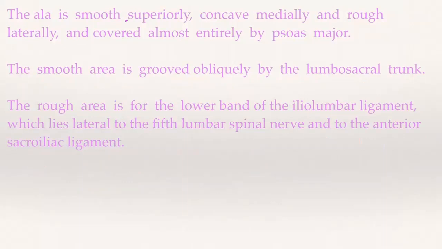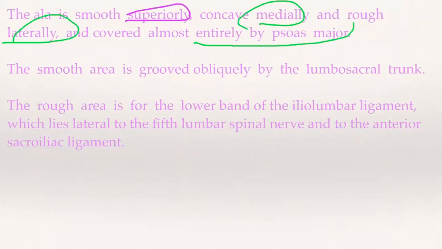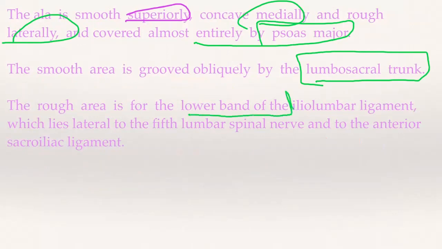Ala is smooth superiorly, concave medially, rough laterally, and covered almost entirely by psoas major muscle. The smooth area is grooved obliquely by the lumbosacral trunk, right? Remember that. The rough area is for the lower band of the iliolumbar ligament.